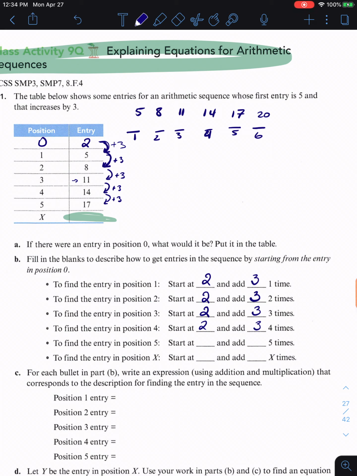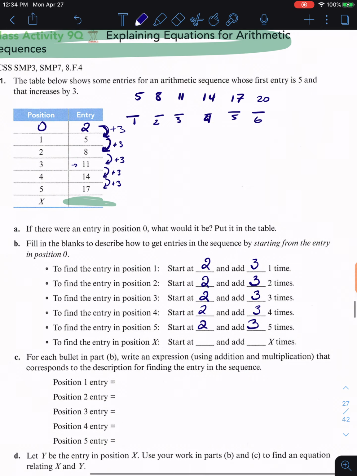So for position 4, we need to start at 2 and add 3 4 times. Position 5, we need to add 3 5 times. Now position x, we're still going to be adding 3, but we don't know how many times, x times. So that's really interesting. So let's write the expression for each one of these.